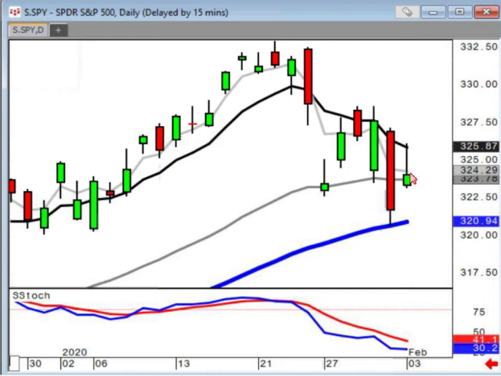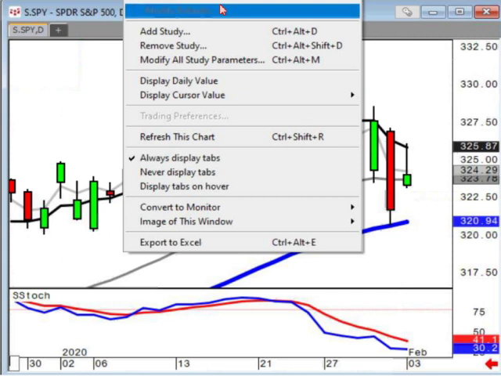So, because we have an inverted hammer, we got the bang, Jiminy Christmas. How does it keep coming back? Under cursors. I don't know where to find the cursors on here.